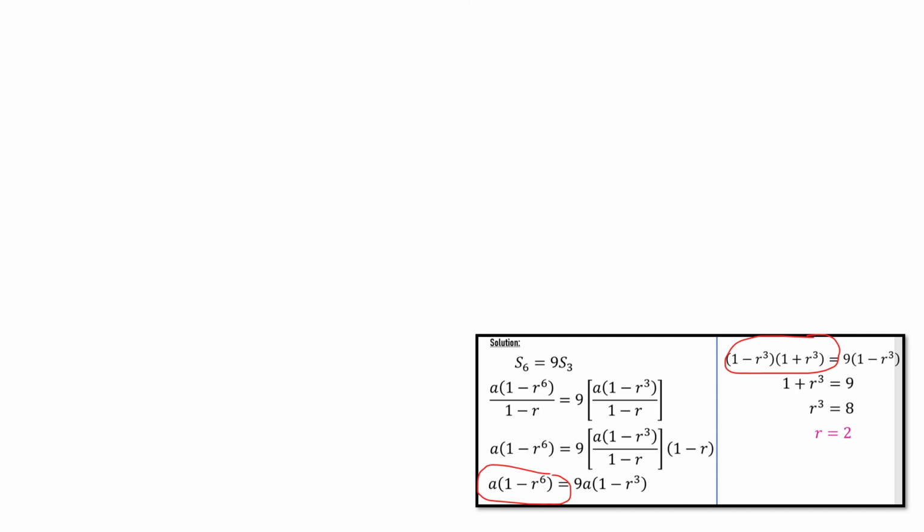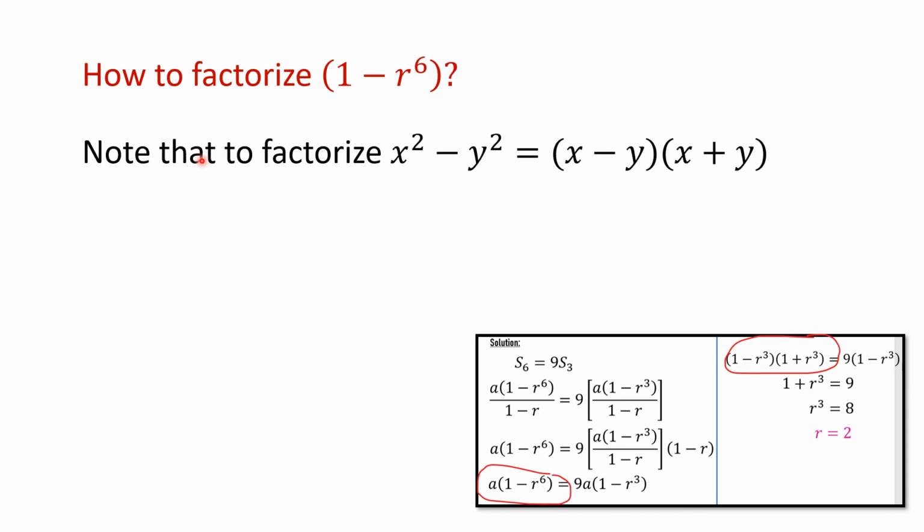I'm really sure that all of you want to know how we factorize 1 minus r to the power of 6 here. Look at this expression, x squared minus y squared. This one, when we factorize, we get two factors. The first factor is x minus y, and the second one is x plus y. Look at this expression, 1 minus r to the power of 6.